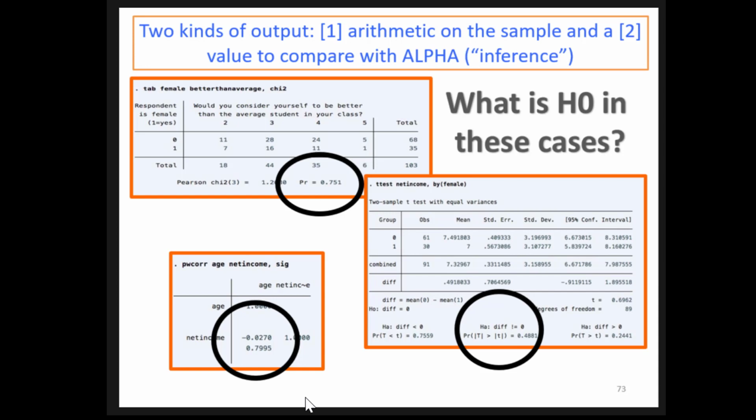So apparently, if there is a difference, it must be that boys are the ones who give higher numbers, so I'm going to do a one-sided test on that end of the spectrum. No, you cannot look at your data first and then come up with an idea of what it looks like. You can only use the data once. So you think first, and then you look. And as soon as you look, you cannot say, oh, wait a minute, I've got a different page here. This is cheap.